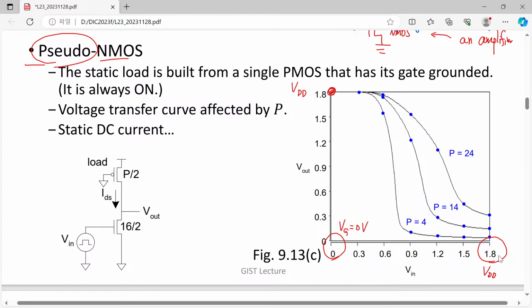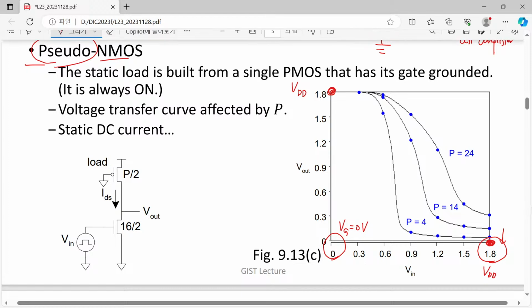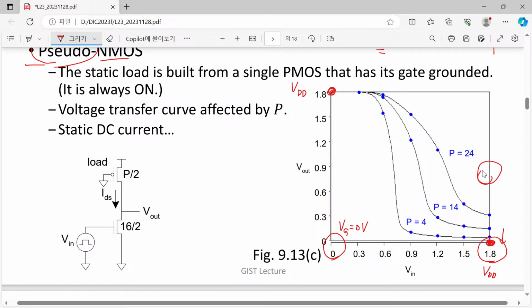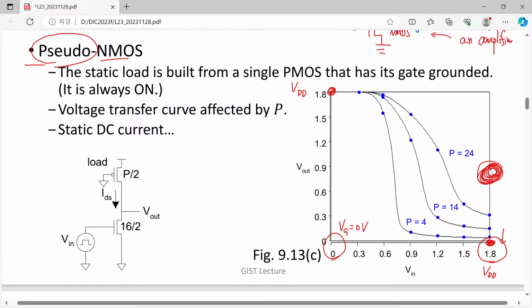If we have a relatively powerful pull-down network, the output voltage will go down. And if our pull-up network and pull-down network are comparable in driving capability, we will have a certain output voltage in between VDD and 0.